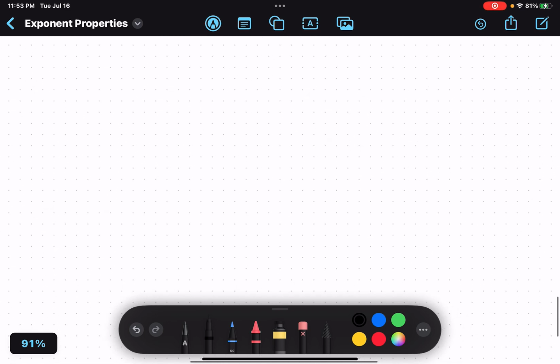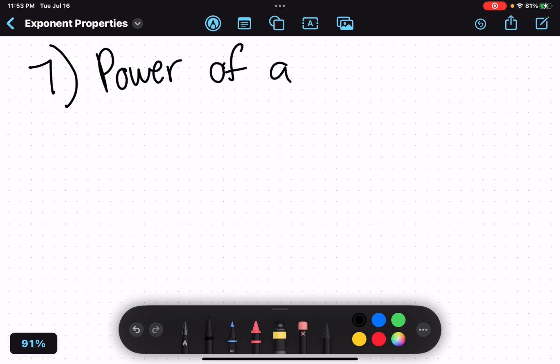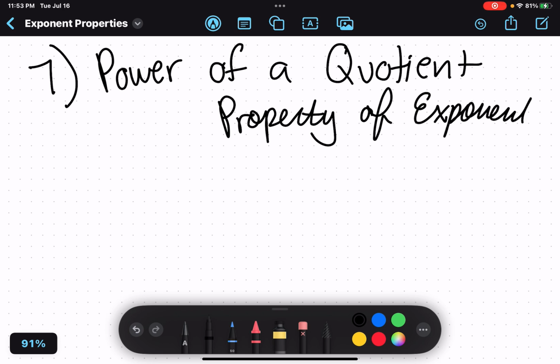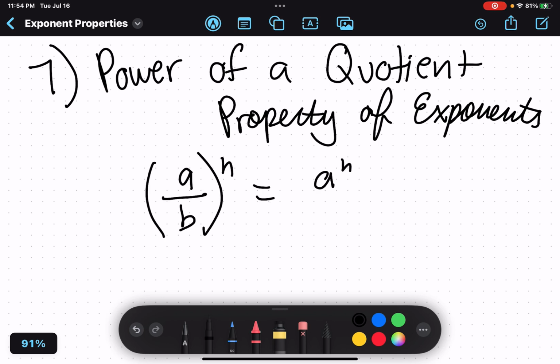Finally, we have the power of a quotient property of exponents. The power of a quotient property is basically if you have a over b to the power of n, you could write that as a to the n over b to the n.